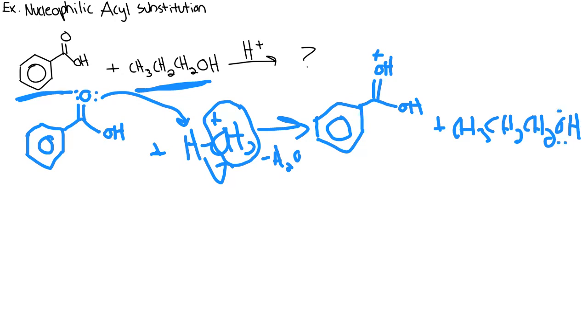So oxygen has 2 lone pairs of electrons, nucleophilic. It will attack the electrophilic carbon, which will break this double bond, and those pi electrons will go to neutralize that positive charge.